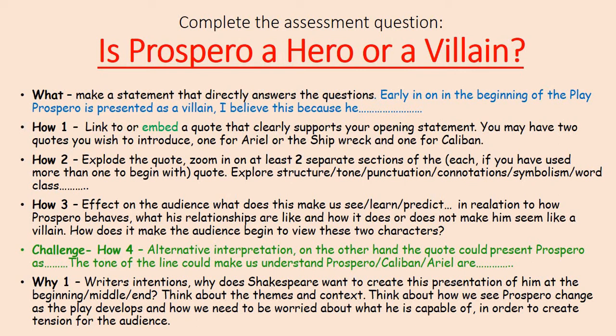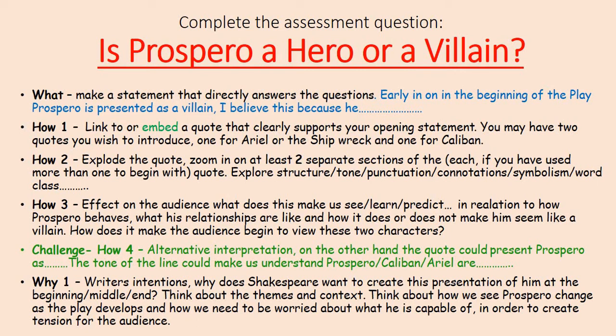Now, the challenge section, the how-four, this is only definitely for my purples and for my greens if you can try. Okay, this is where we start to develop and make our arguments more thoughtful, make our analysis more thoughtful, because we look at alternative interpretations. So we say, on the other hand, the quote could present Prospero as what?